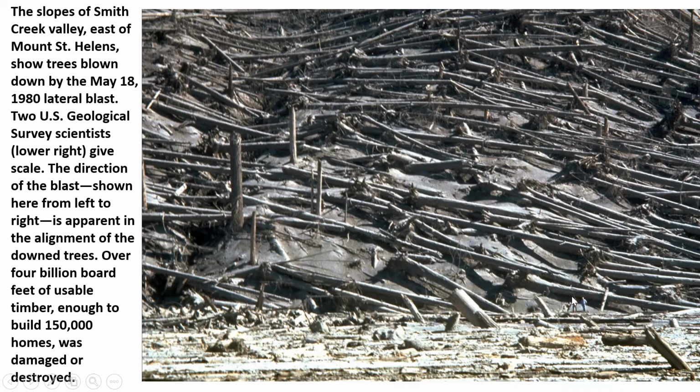This is to give you a scale where you have 2 human beings, right? And so you can imagine how huge the place is with all the trees knocked down, and you compare the height of the 2 men with the length of the trees. So the trees were really very tall, but they were all blown down, blown over.